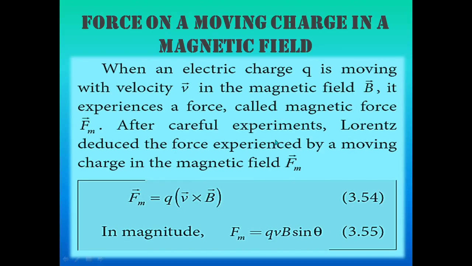After careful experiments, Lorentz deduced the force experienced by a moving charge in the magnetic field: Fm vector is equal to Q into V vector cross B vector. In magnitude, Fm is equal to Q V B sin theta.